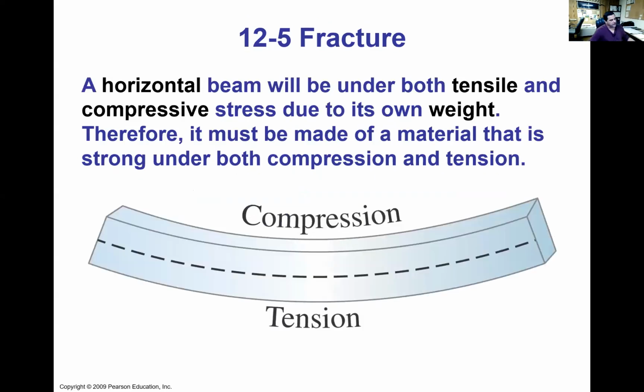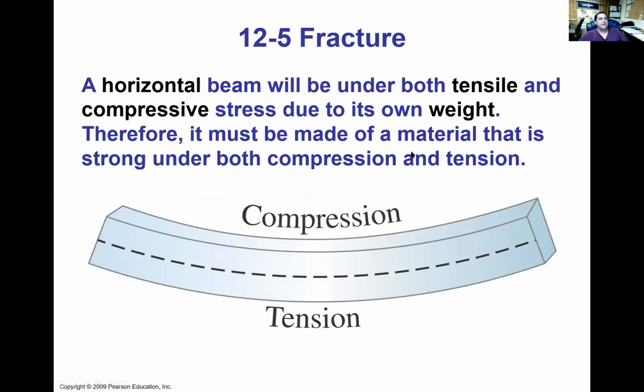One of the other things that we want to talk about is we have this horizontal beam, okay? This horizontal beam is actually experiencing something called shear, okay? A horizontal beam on its top surface will be in compression. On its bottom surface, it will be in tension.